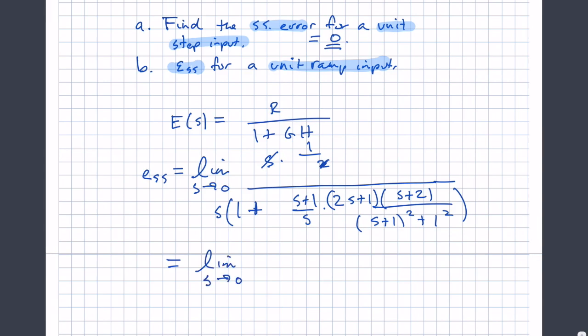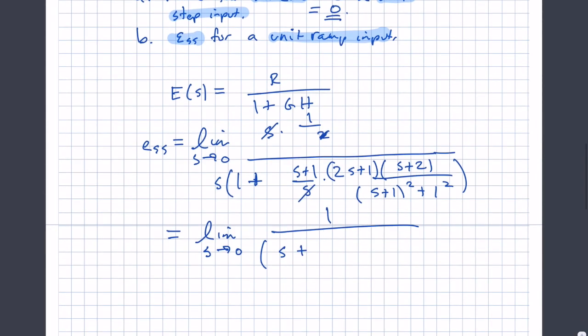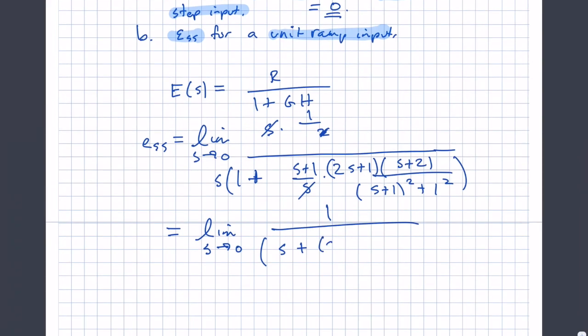You can look at this and say, all right, this S is going to distribute through. I'll get an S term here, and then it will cancel with that S, and I will get (S plus 1)(2S plus 1)(S plus 2) all over ((S plus 1) squared plus 1) squared.